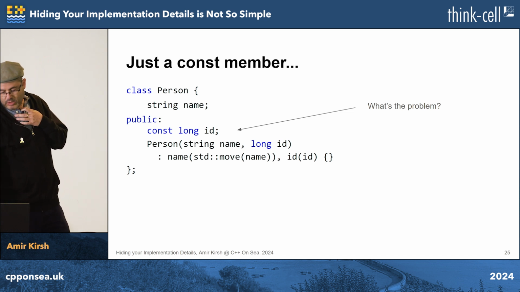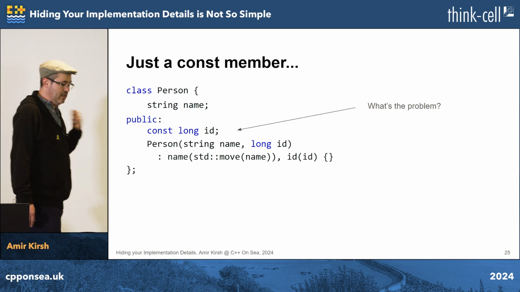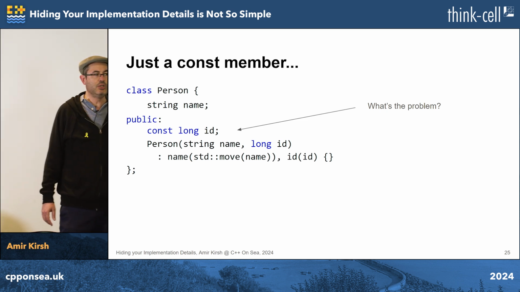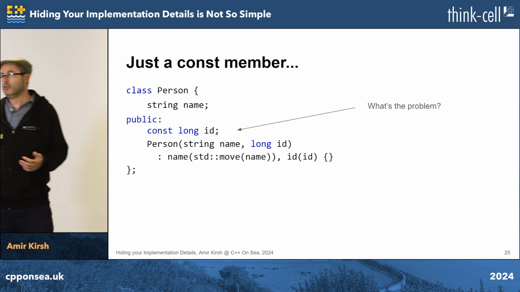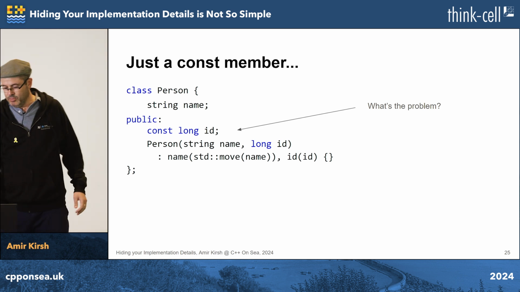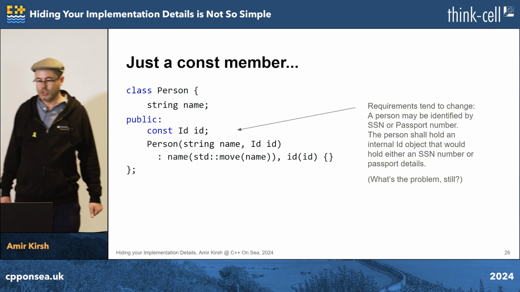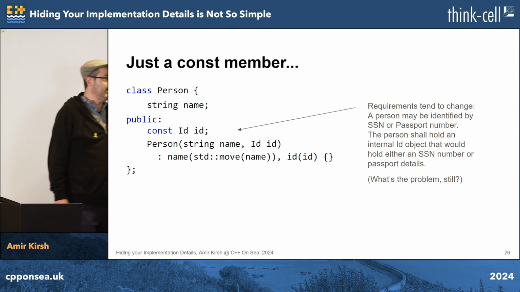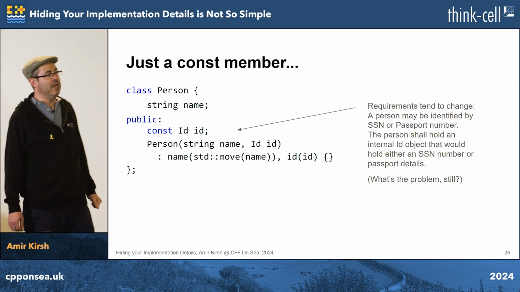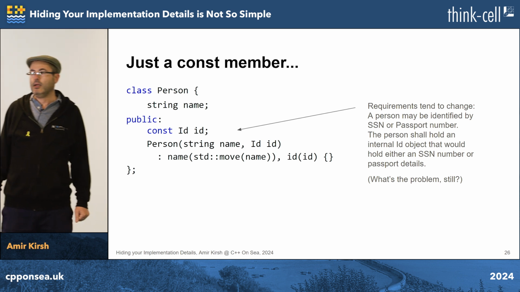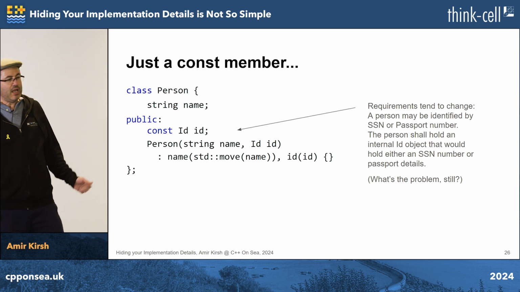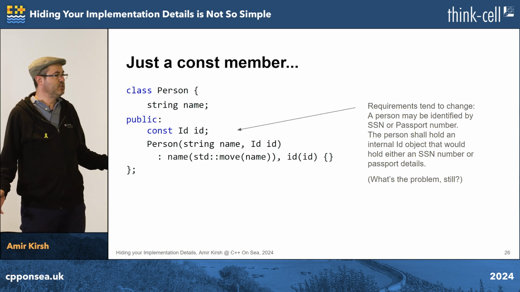Well, usually in software, anything that you start with, this shouldn't change, eventually may change. So it might be that you start with, yeah, that's the ID, but then requirements change, and the person ID might be his social security number, or maybe his passport. So it might be that the ID is now a more complicated object.